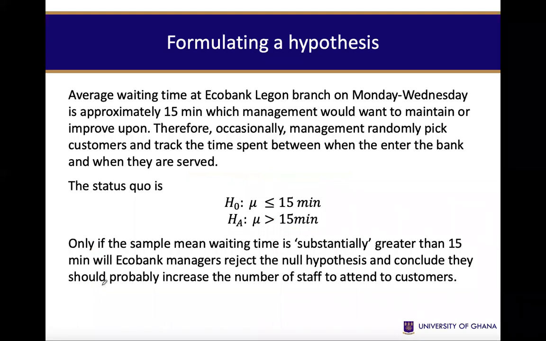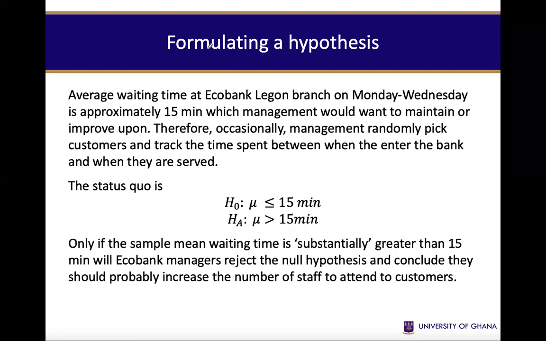Now let's take another example. The waiting time at EcoBank branch on Monday to Wednesday is approximately 15 minutes, which management would want to maintain or improve upon. Therefore, occasionally, management randomly picks customers and tracks the time spent from when they enter the bank to when they are served. Now, Maureen, if a bank wants to improve upon their waiting time, what do they really want to do?